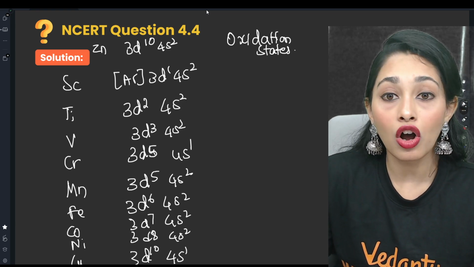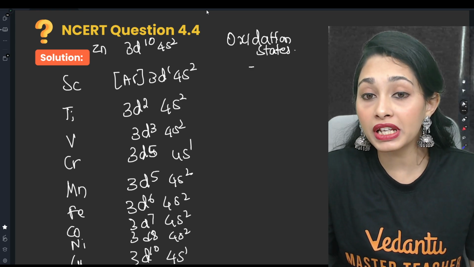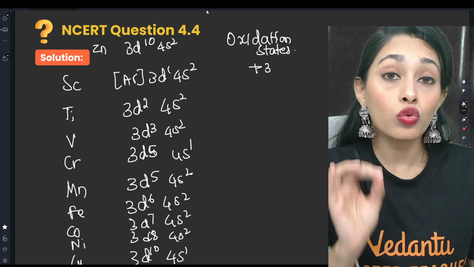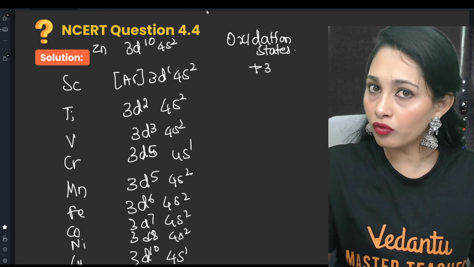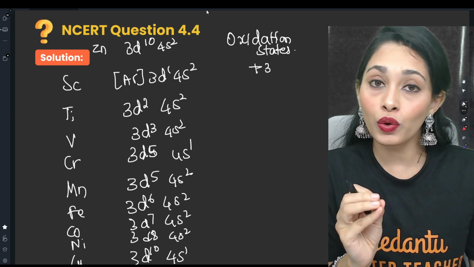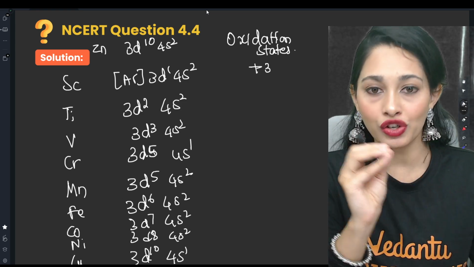Moving on to the oxidation states, scandium shows +3 because if it loses all 3 electrons, 2 from 4s and 1 from 3d, it attains the nearest noble gas configuration, argon.